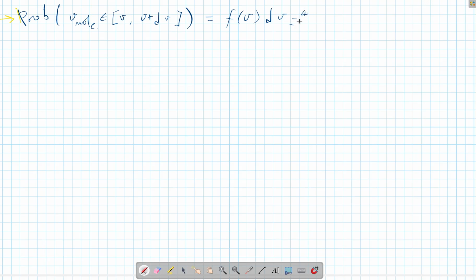I'm tempted not to write it, but to be complete, we can write the distribution as 4 divided by the square root of pi, times (m divided by 2 kB T) to the power 3 over 2, times v squared dv, times e to the minus m v squared divided by 2 kB T. So one can use this to do a lot of physics.